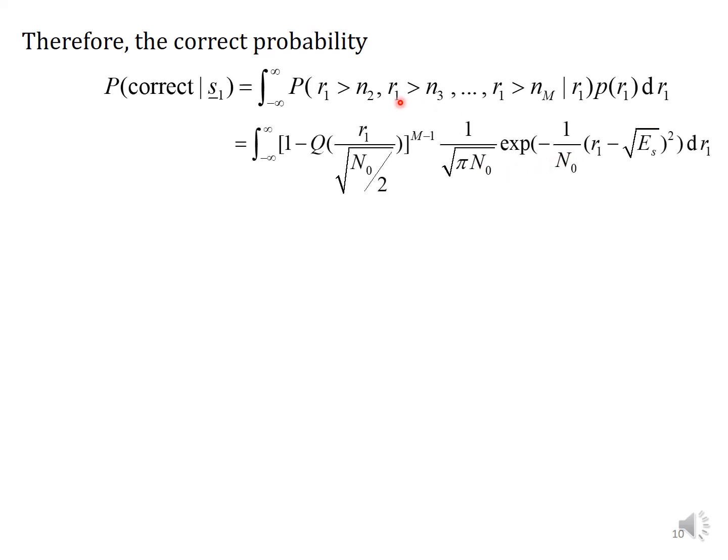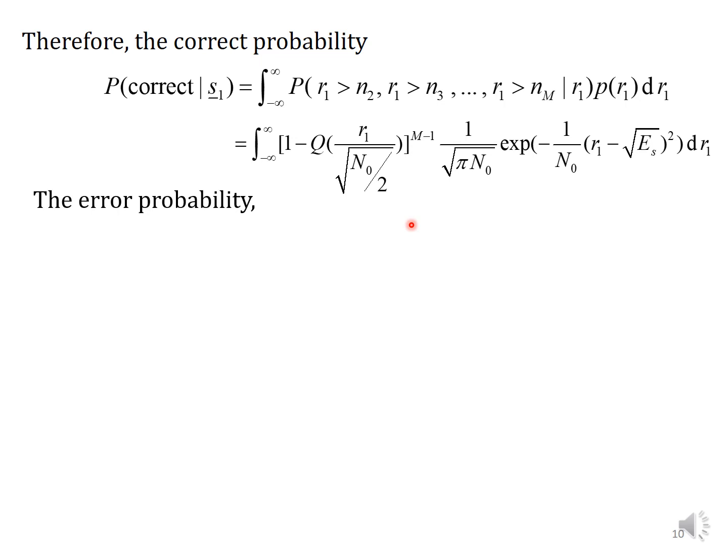We have 1 minus the Q function, and there are N minus 1 independent events, times P(R1), which is a Gaussian distribution function, dR1, and that gives the correct probability.